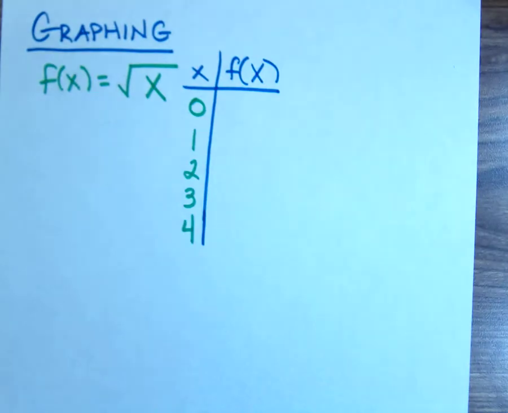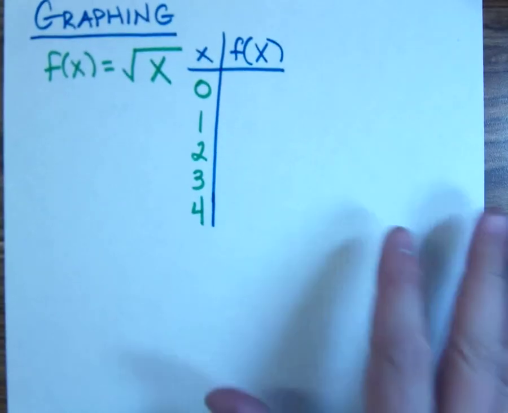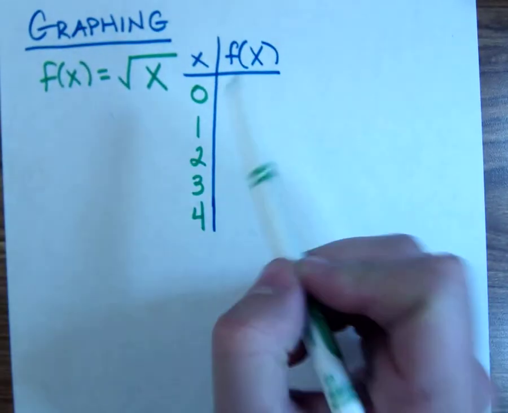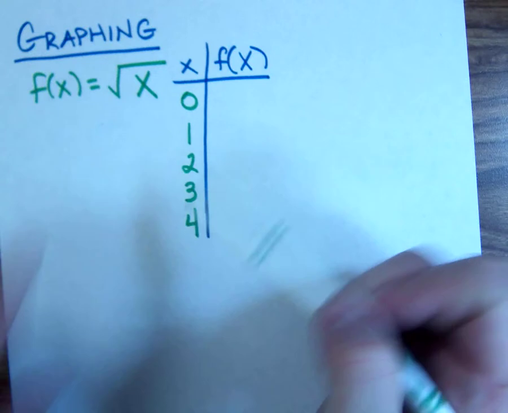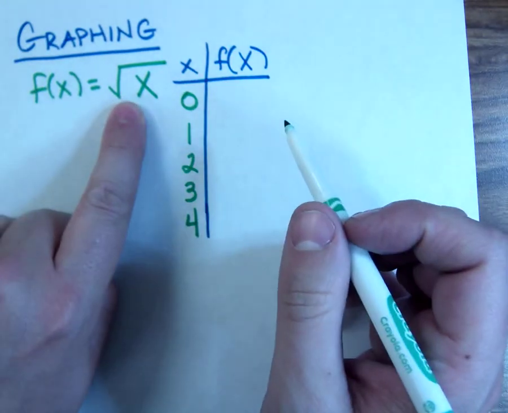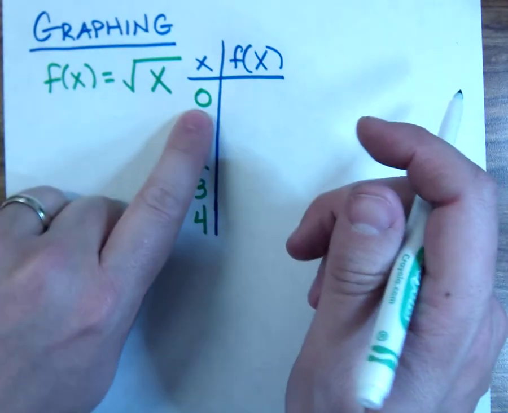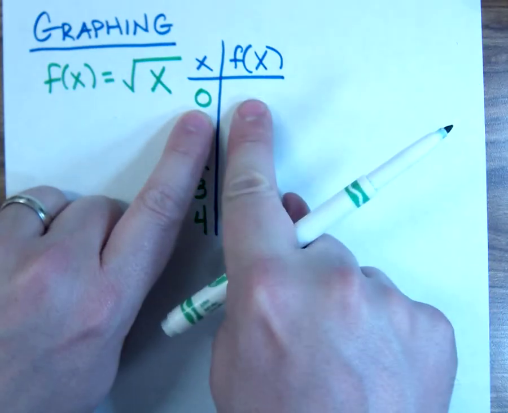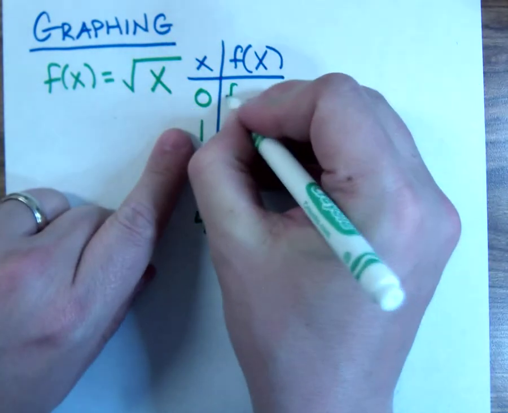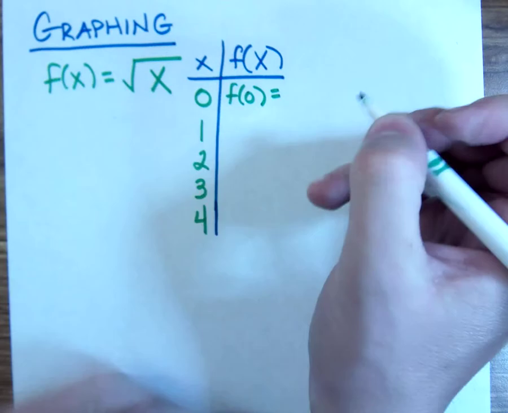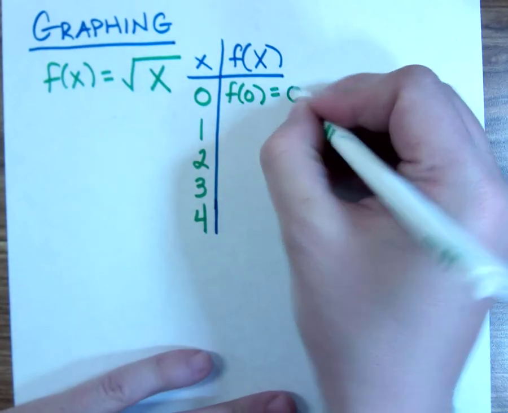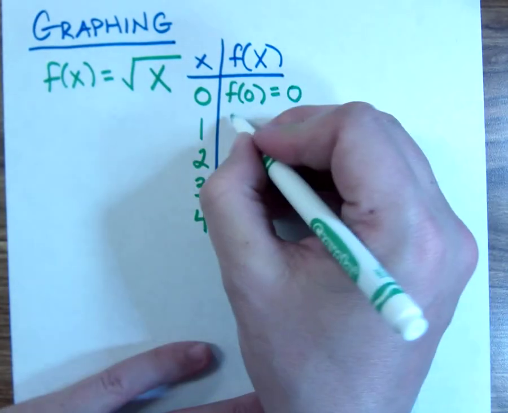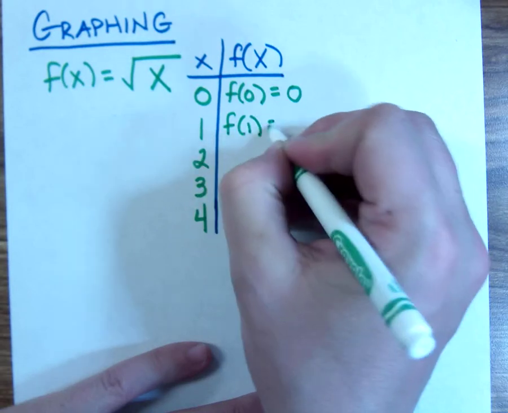So here's how we're going to fill in the other side of this chart. I'm going to substitute each one of these x values into the original function. So it's square root of x. If x was 0, what's f of x? Meaning, what is f of 0, or the square root of 0? 0. Cool. What's the square root of 1?